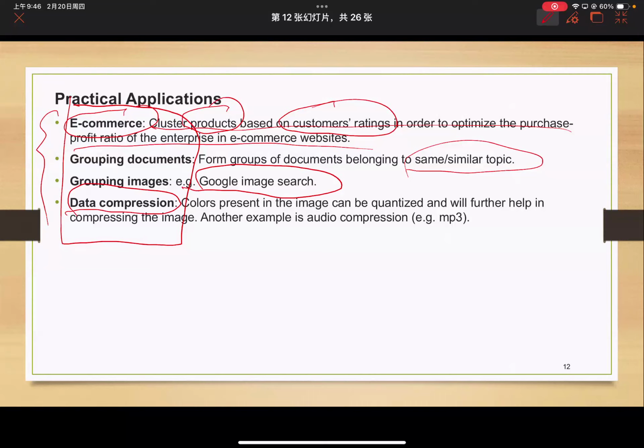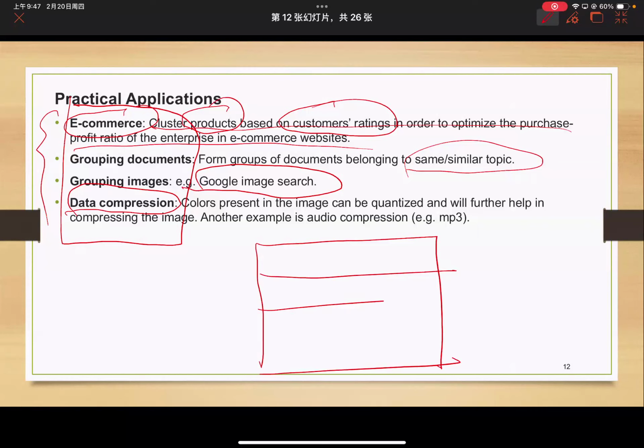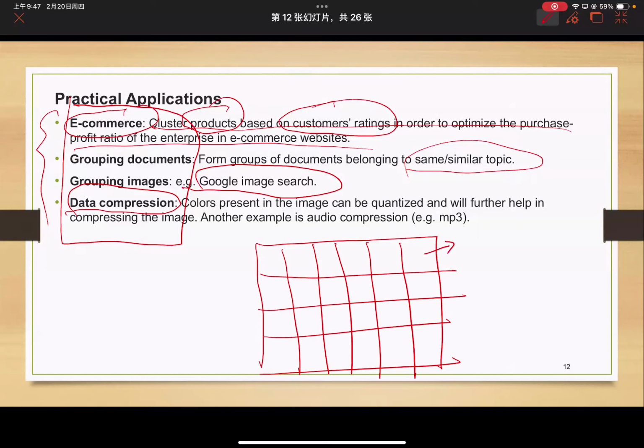Yeah, so data compression, you might not understand how it does clustering. Let's say we have a lot of pixels in the figure, right? You know that the resolution of the figure depends on the pixels, right? This is a pixel.